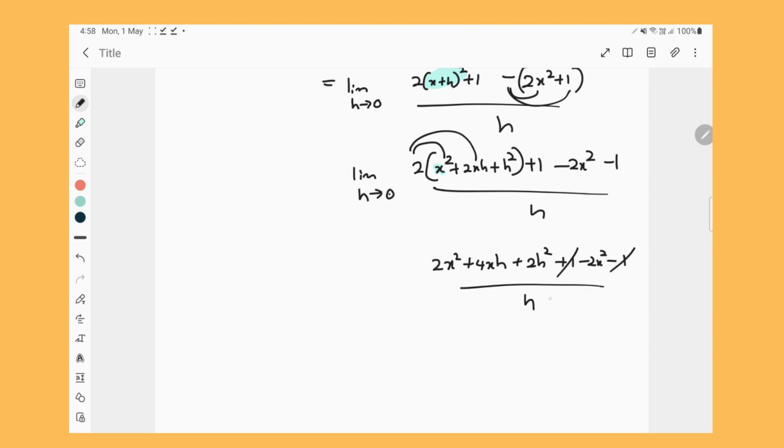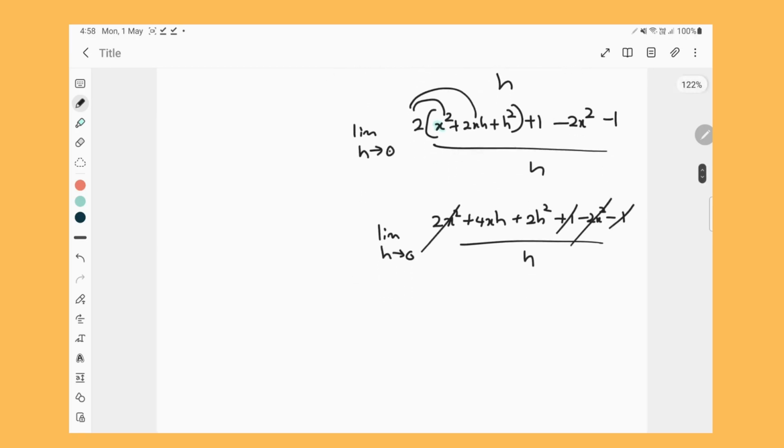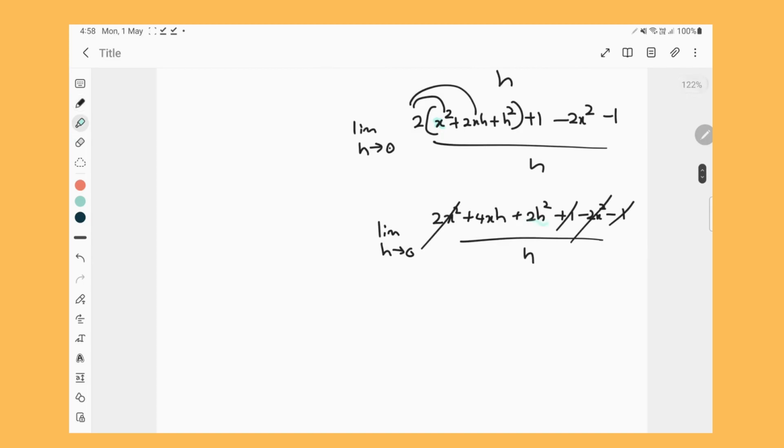So can you see this term and this term gets cancelled? 2x squared and 2x squared gets cancelled, and you remain with these two. So in here you can take the h out. So like the previous way, h(4x plus 2h) divided by h. So h and h get cancelled.